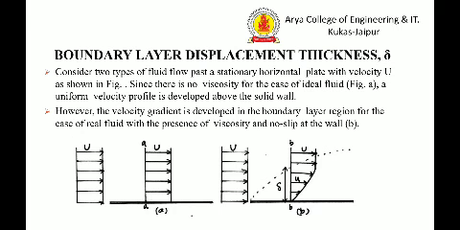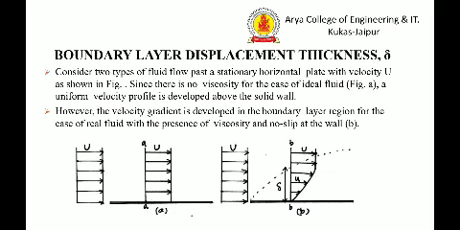Now, boundary layer displacement. This diagram shows the boundary layer displacement thickness. We will discuss it. Consider two types of fluid flow past a stationary horizontal plate with velocity U, as we can see in the figure. Since there is no viscosity in the case of an ideal fluid, in figure A a uniform velocity profile is developed above the solid wall.